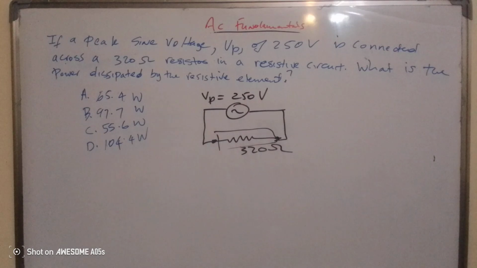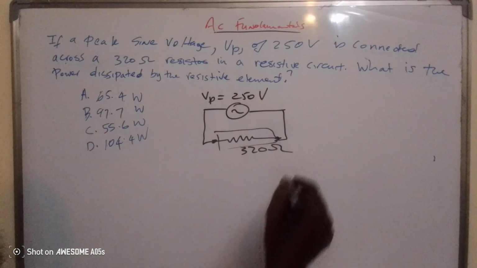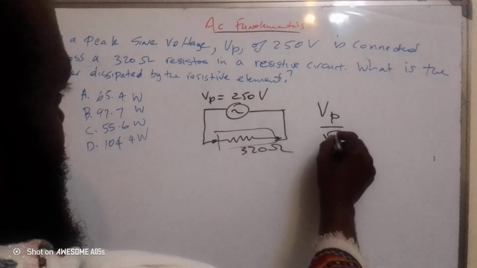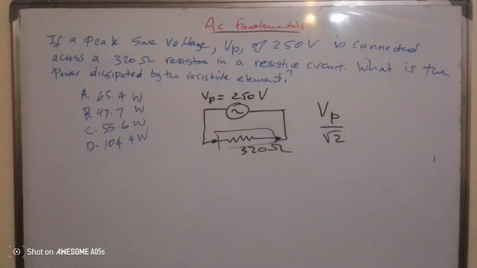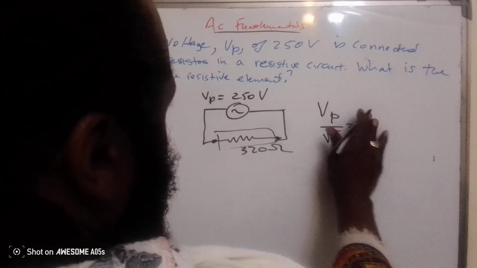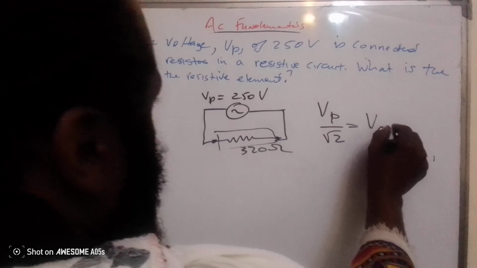ohms. To do this question, they're trying to stipulate that we've got to get this peak voltage into RMS voltage. How do we get this peak voltage into RMS voltage? As we saw earlier in the video, the peak voltage upon the square root of 2 should give you this V RMS.